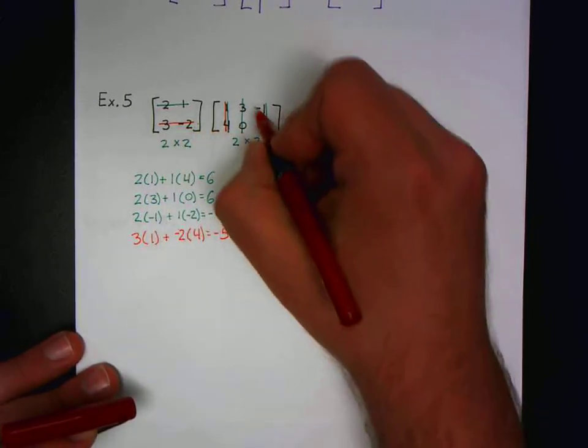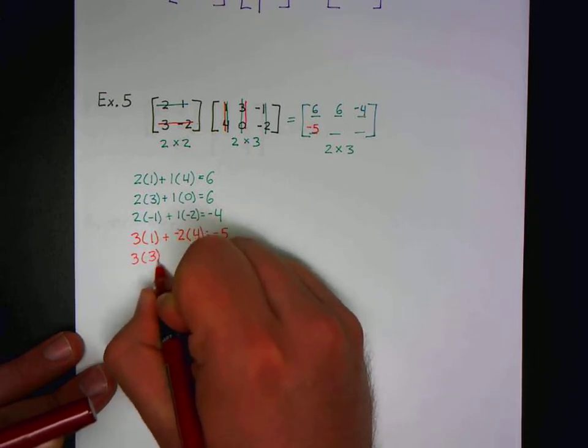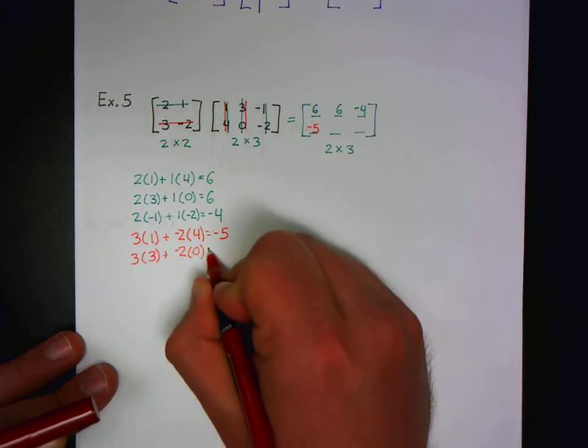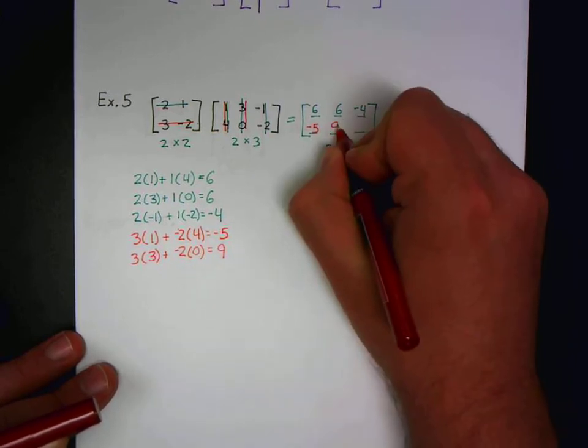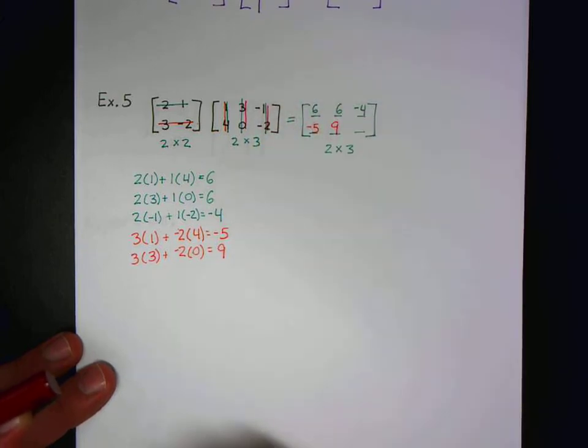Okay, now I take that row times this column. So 3 times 3 plus negative 2 times 0. So that's going to be 9. And then I do that row times the last column.